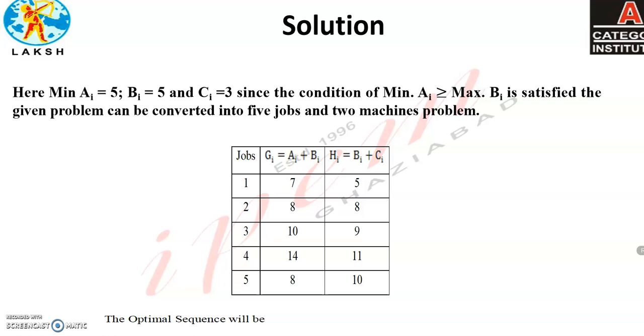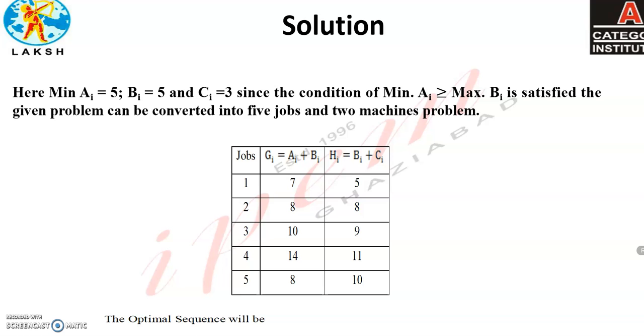If minimum of A is greater than or equal to maximum of B, or minimum of C is greater than or equal to maximum of B, if either one or both conditions are satisfied, then we can easily convert the 3 machine problem into a 2 machine problem to find the optimal sequencing of the jobs. All right, are you getting?